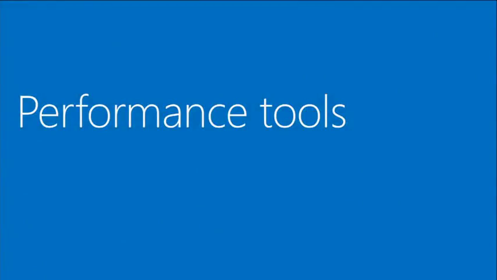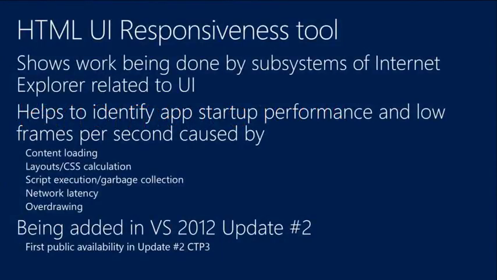Okay, so that's sort of an introduction to a lot of the debugging capabilities that we've added for JavaScript and store apps. What I want to shift into now is a lot of the performance tools that we've introduced as well. The first one that I'm going to show you is the HTML UI responsiveness tool.